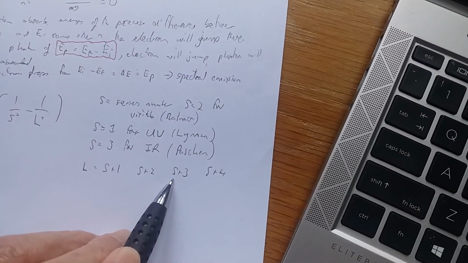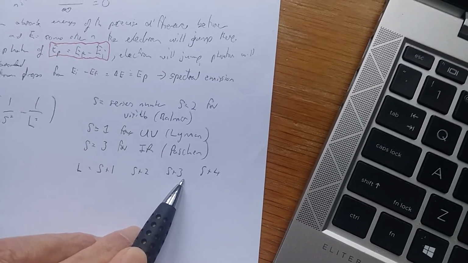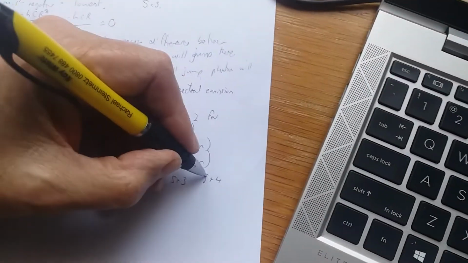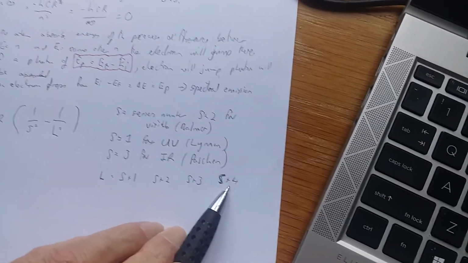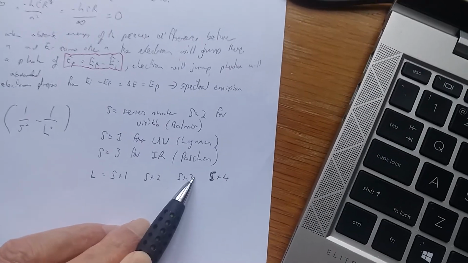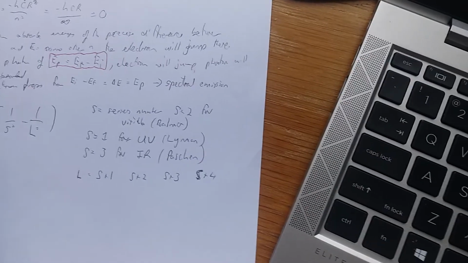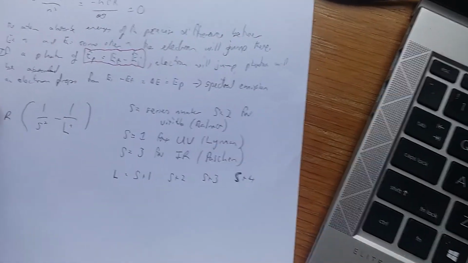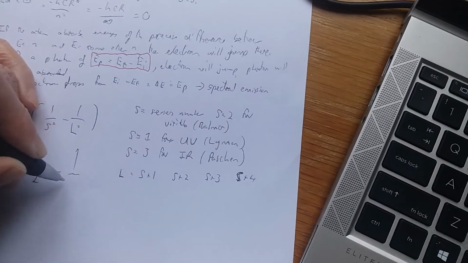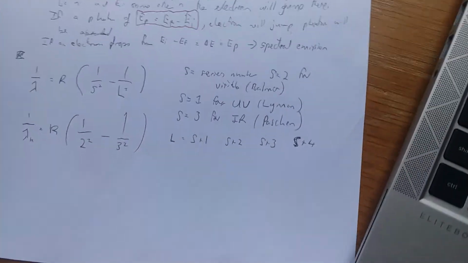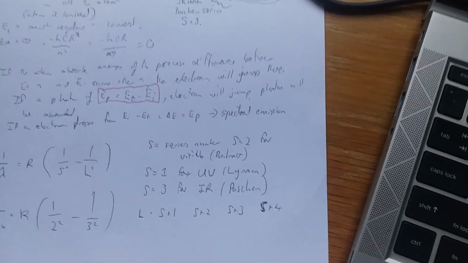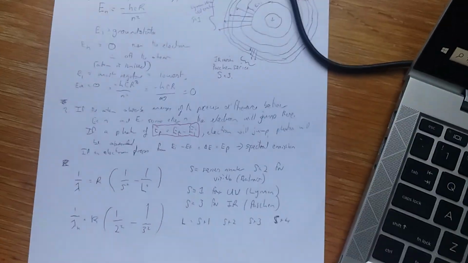The third line is the blue, it's gone to 5. The fourth line is the violet, it's gone to 6. So 2 plus 4 makes 6, 2 plus 3 makes 5. That's how that works. So 1 over lambda for red is going to be R into 1 over 2 squared minus 1 over 3 squared, and you'll find that will work.